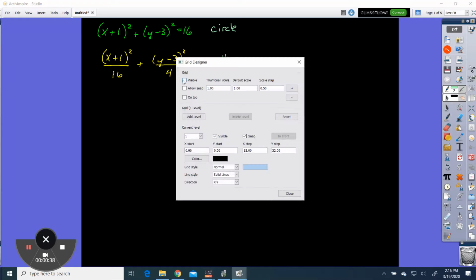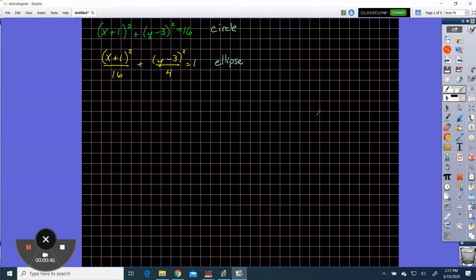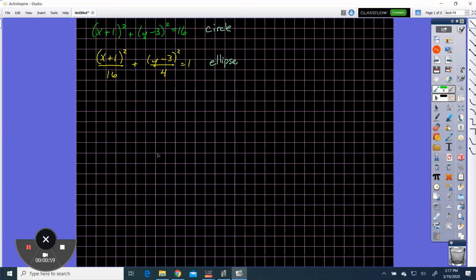So the way you do these problems, the easiest way is to graph, okay? So I pull up my grid. The first thing you need to realize is that the numbers inside the parentheses are the coordinates of the center, okay?